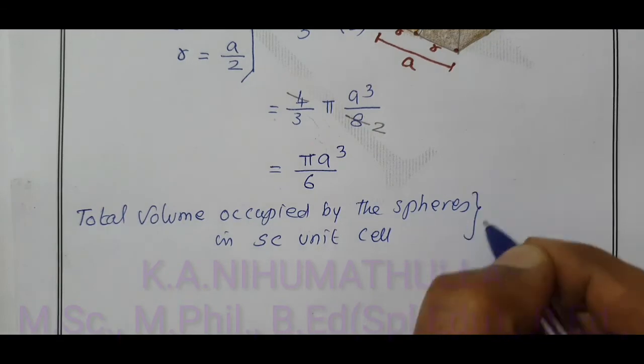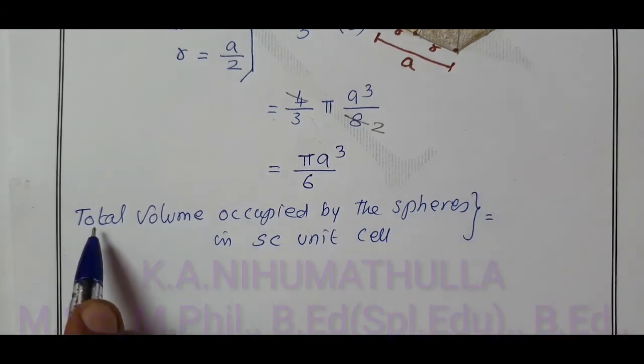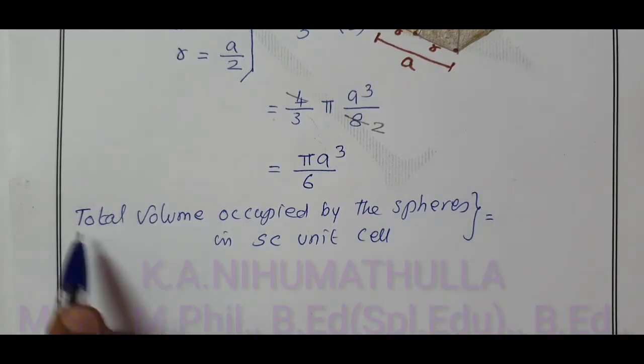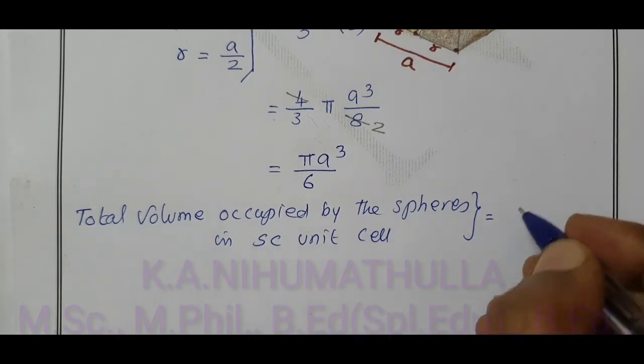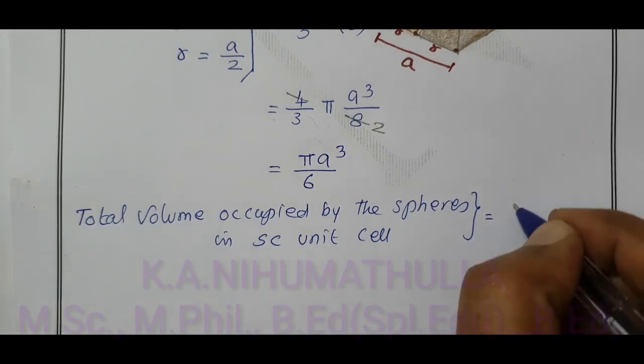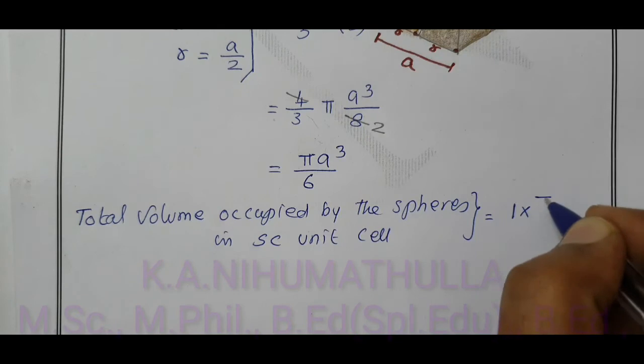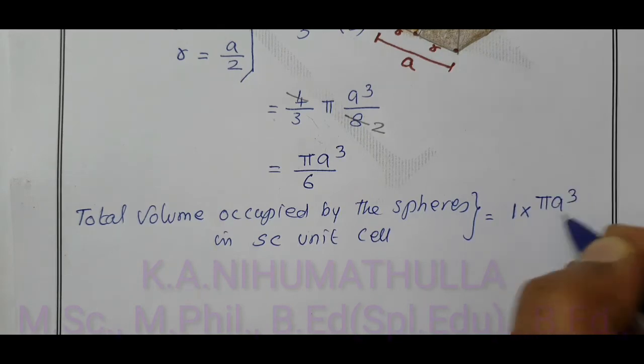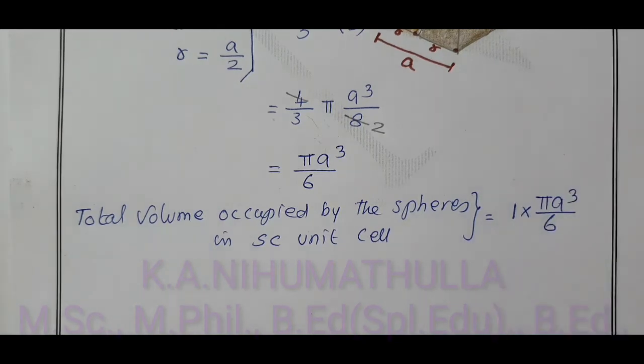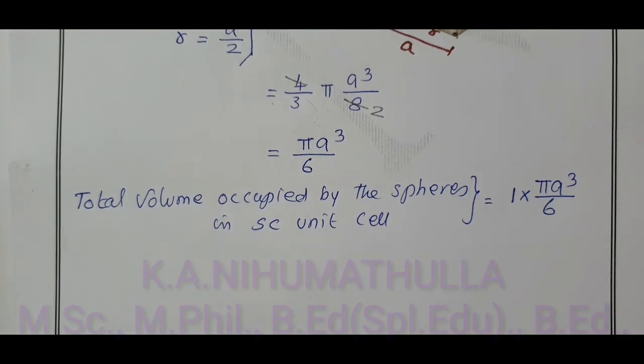Total implies that in simple cubic the total number of atoms is 1, into our volume pi a cube by 6. What is our denominator in the packing fraction formula?